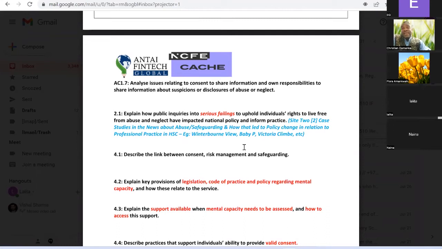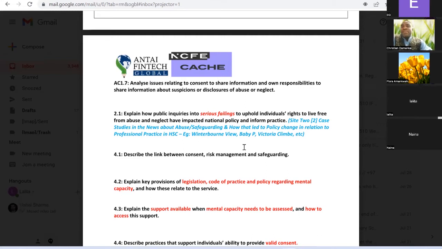Finally, the child died, and so there was investigation, and a lot of change in the law came as a result of that. Basically, you can write about any of these two or any other thing that you find related, and that will answer that question.